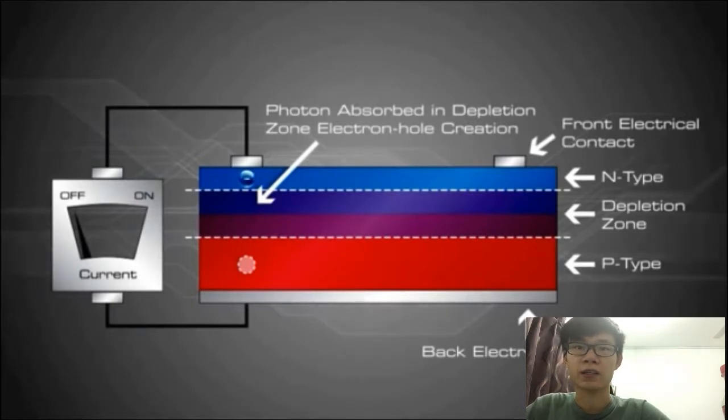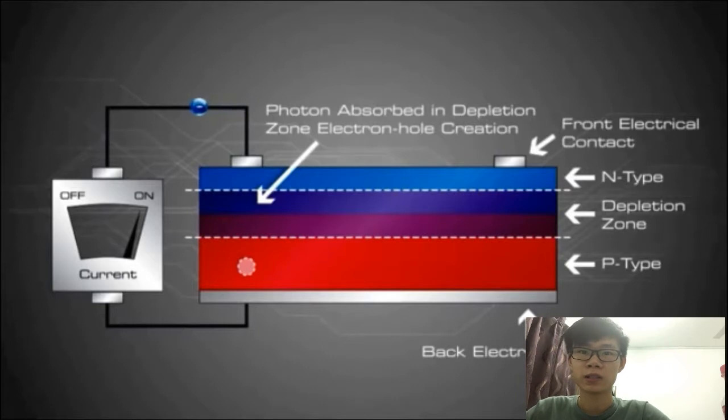If a wire is connected from the n-type silicon to the p-type silicon, electrons will flow through the wire. The electron is attracted to the positive charge of the p-type material and travels through the electrical load, creating a flow of electric current.